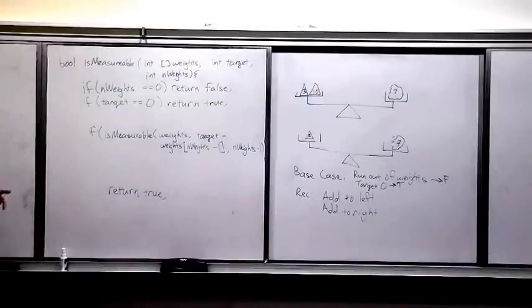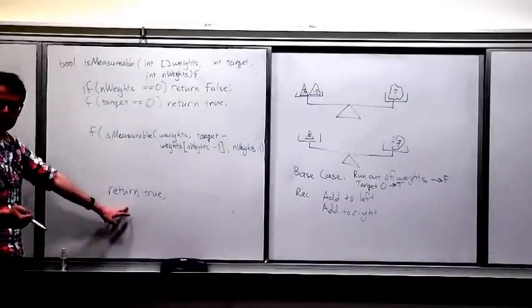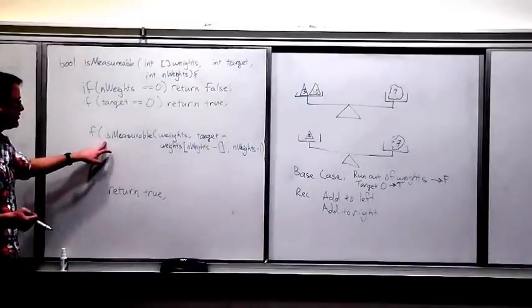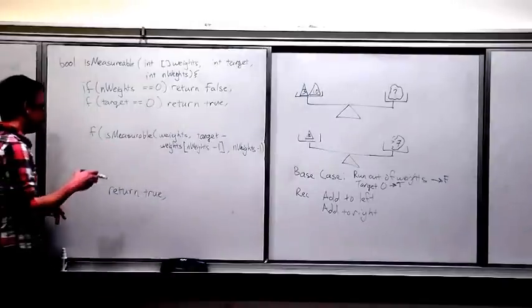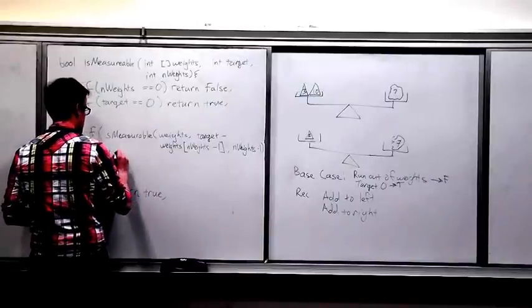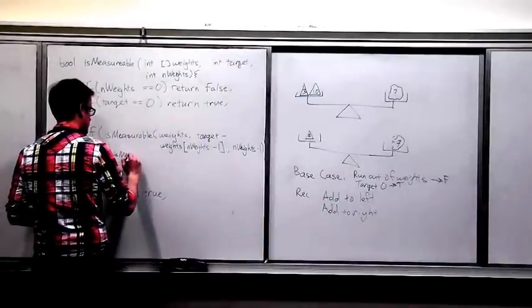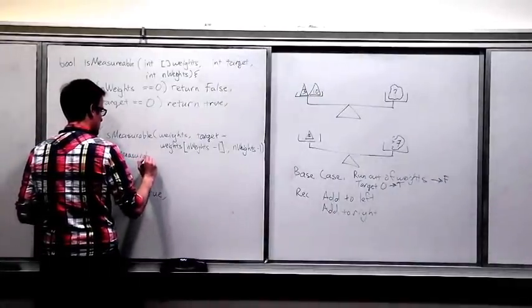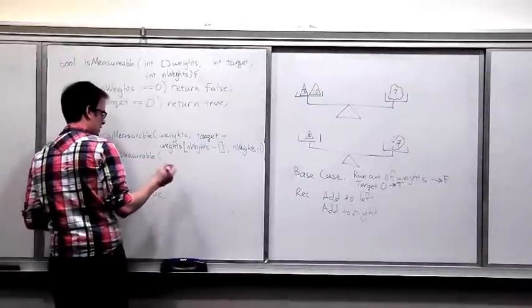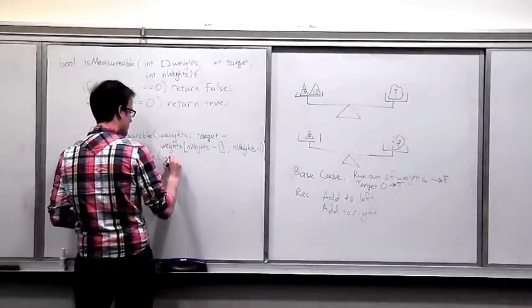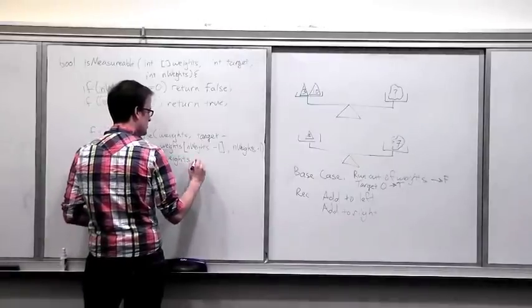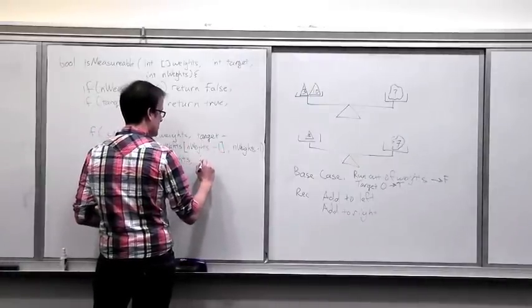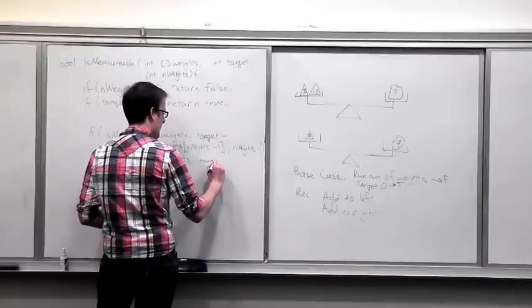You can think about it the other way around. When do we want to return true? Well, if this is true, or the add to right case is true. Awesome. So we'll go ahead and or that in. Is measurable. And we'll basically make the same recursive calls, but slightly different. So instead of target minus weights, we're going to do target plus weights, right?